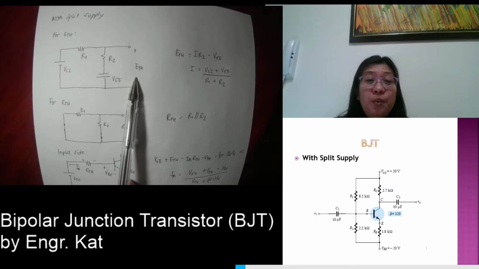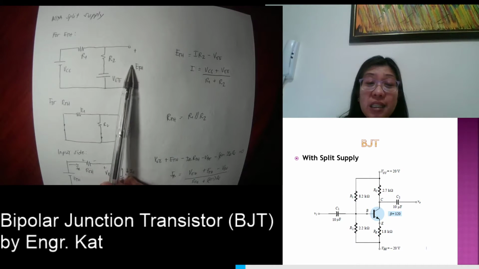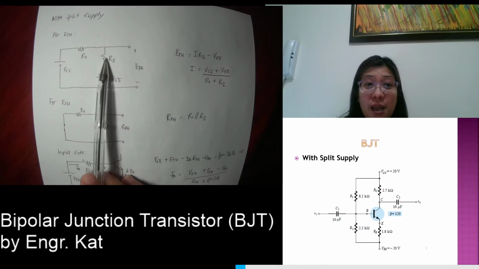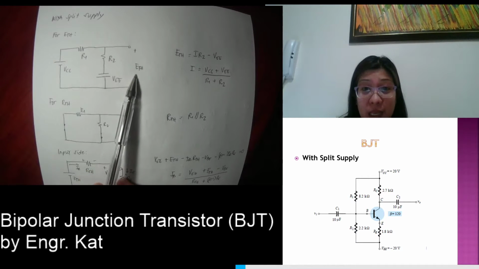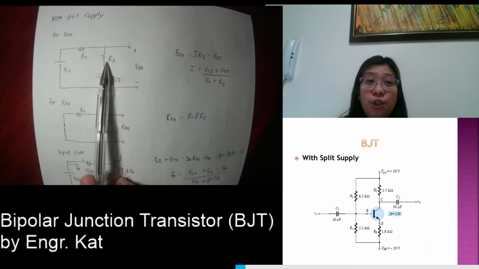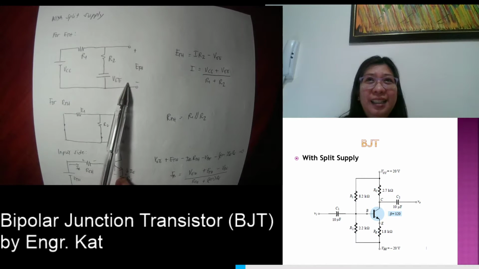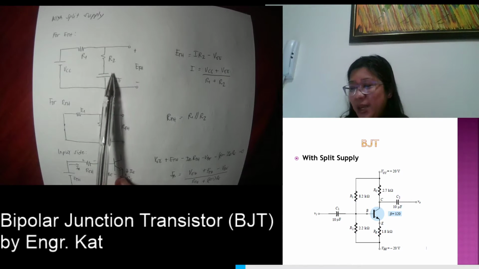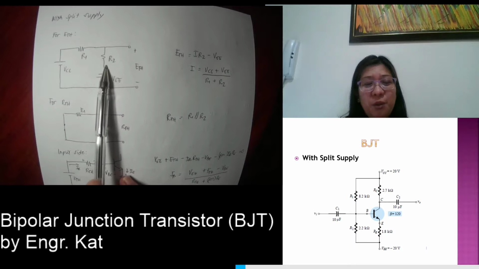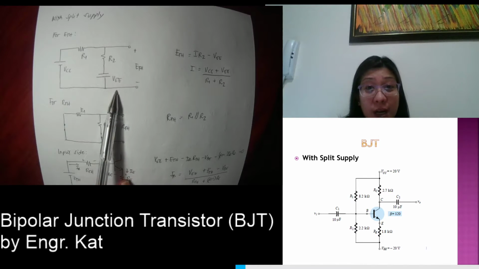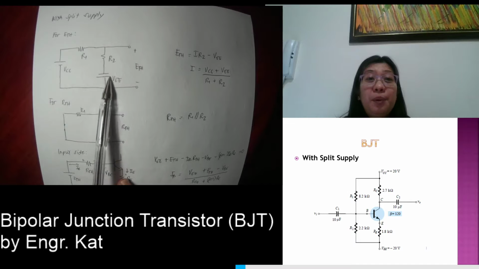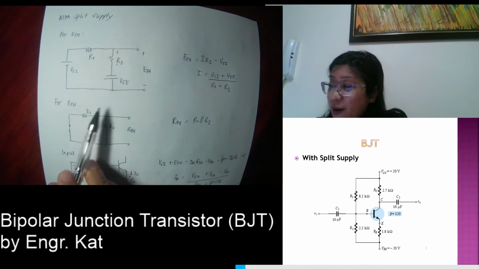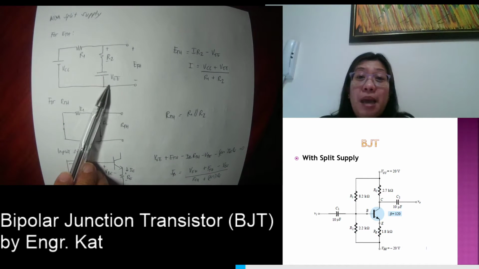In solving for your ETH, this is not anymore in parallel with only your R2. This is in parallel with this branch, and this branch consists of the voltage drop across R2 and your VEE here. But the polarity across R2 is plus and minus, while your VEE here is minus plus.